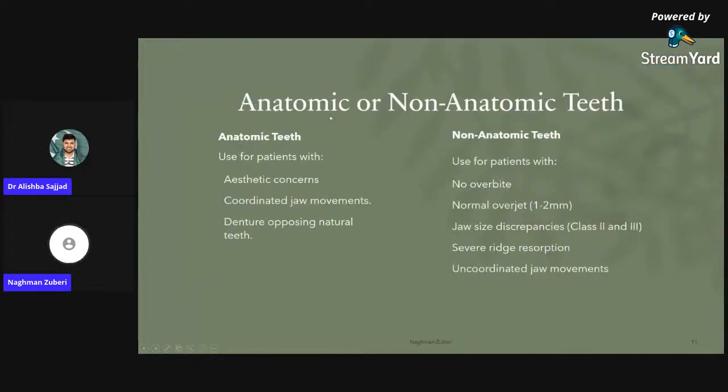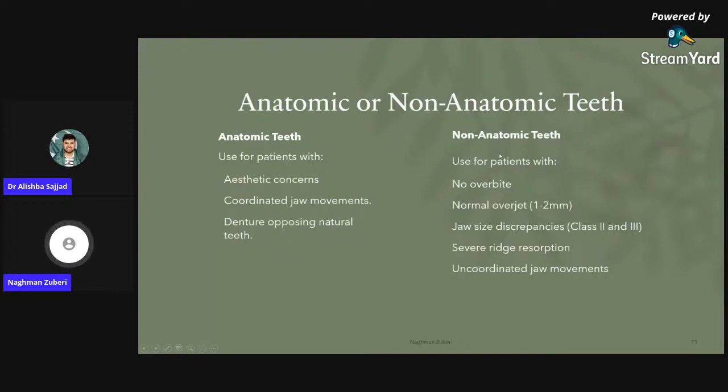Posterior teeth are either anatomic teeth or non-anatomic teeth. Anatomic teeth are used for those patients with aesthetic concerns, coordinated jaw movements, and where the denture is opposing the natural teeth.